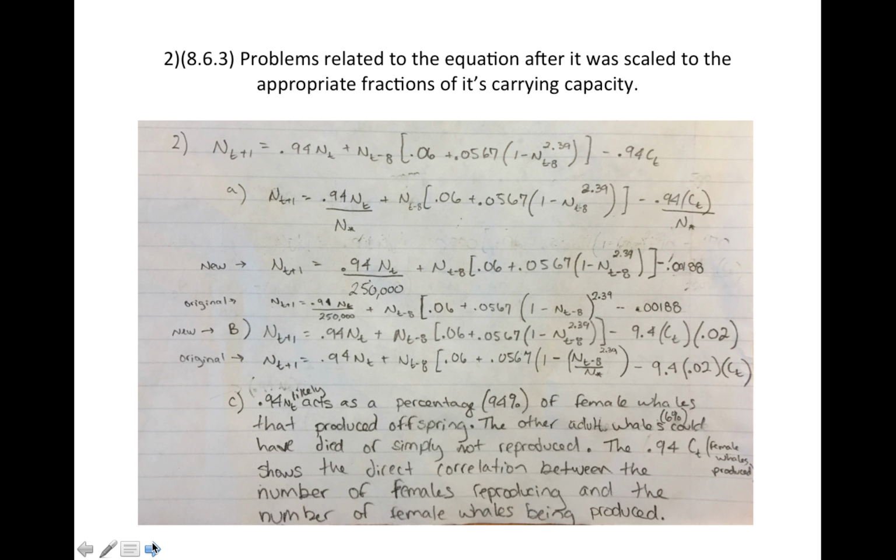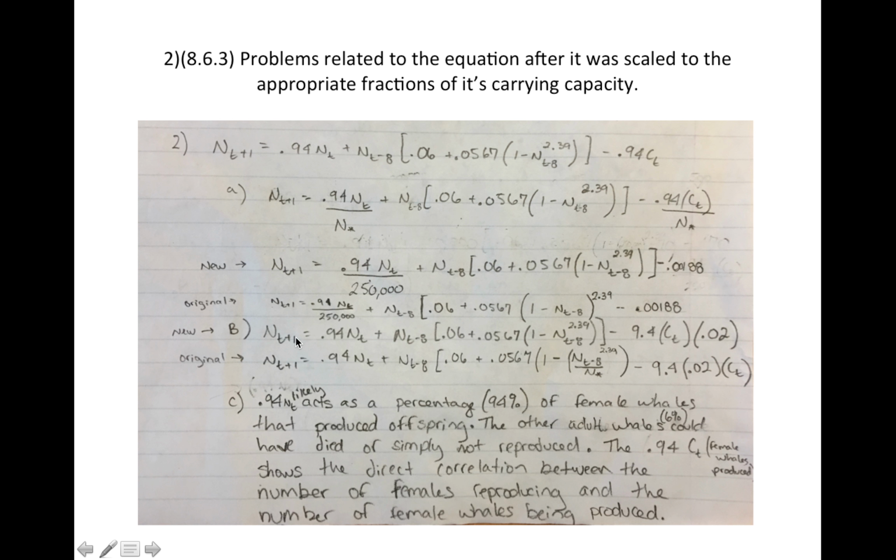For exercise 8.6.3, the model was set so that the populations were scaled to the fraction of their carrying capacity, and then once you go through that, the C of t was plugged in, and then that was plugged into the new rescaled equation as well as the original equation.